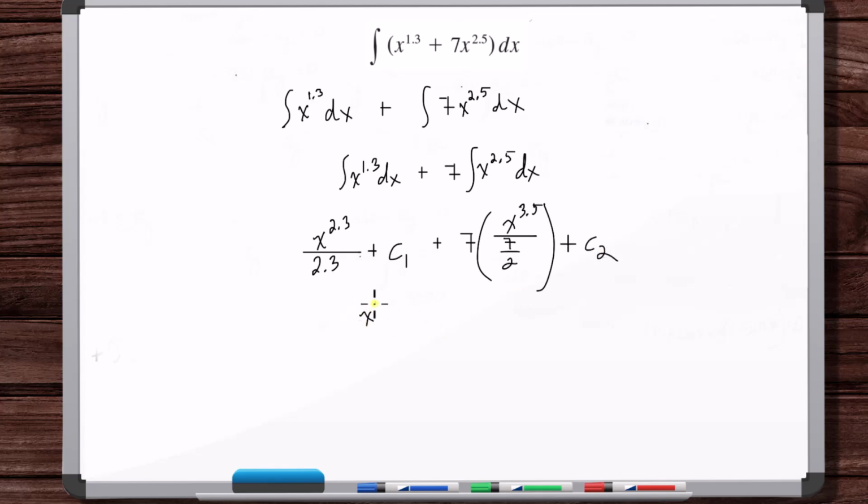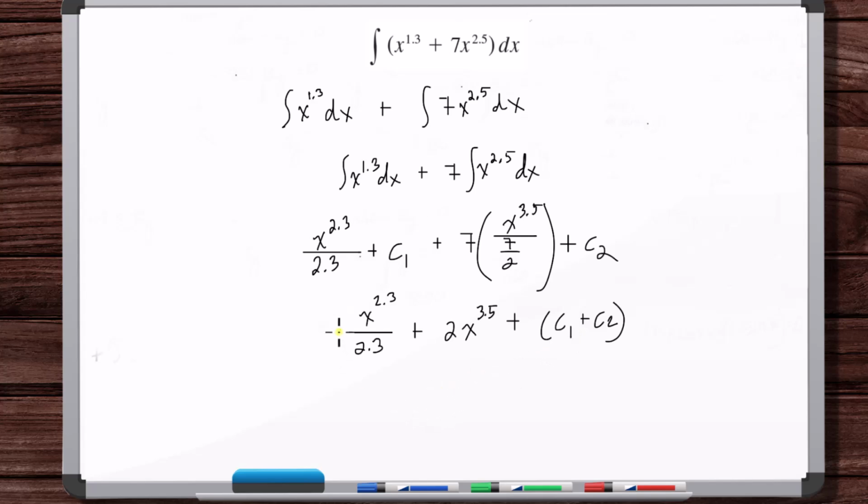Okay, so simplifying, and then we've got, okay, but this C1 plus C2, that's just a constant.